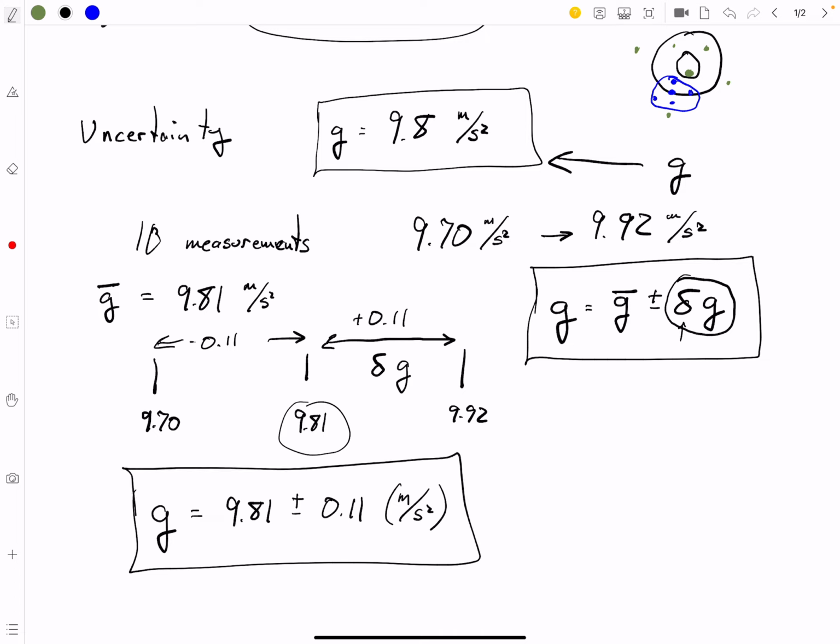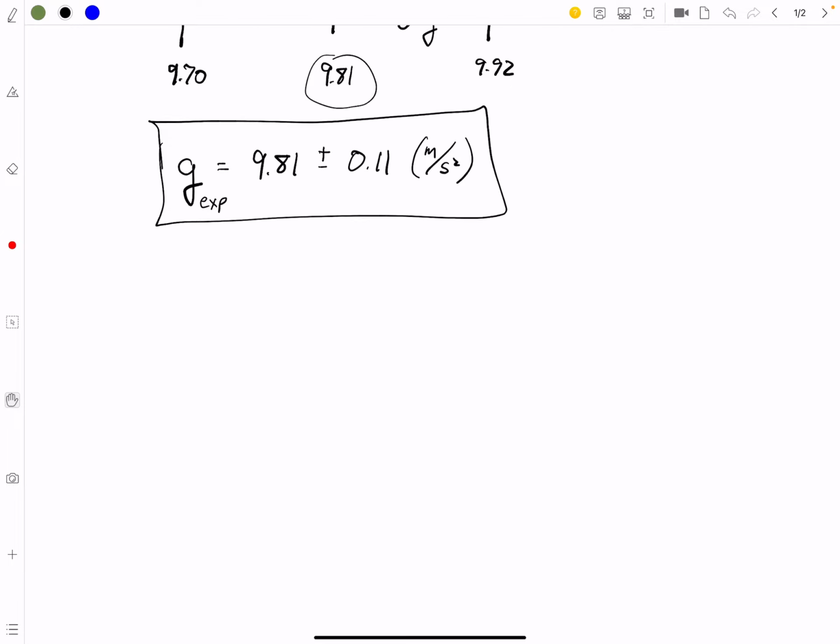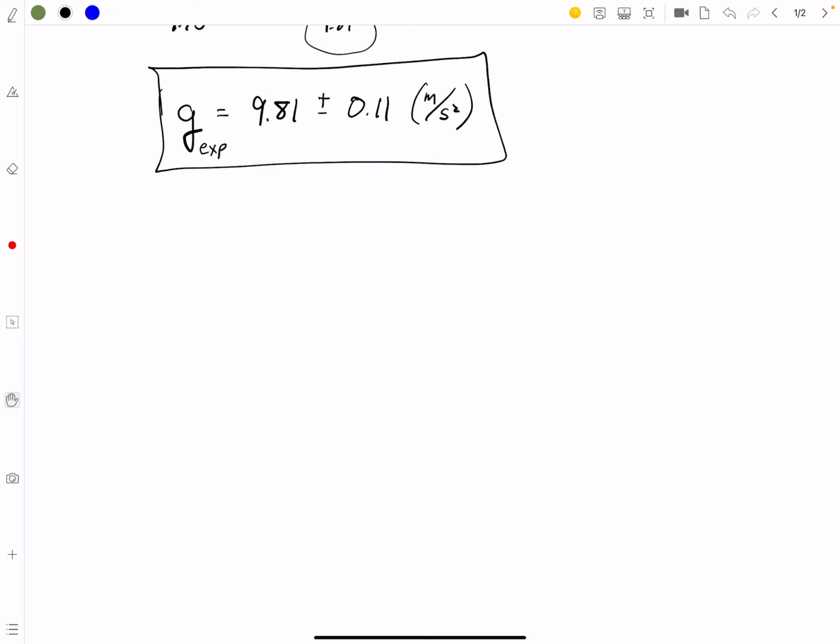That is our measurement, our experimental value, G experimental. Discrepancy. So what did we just do?